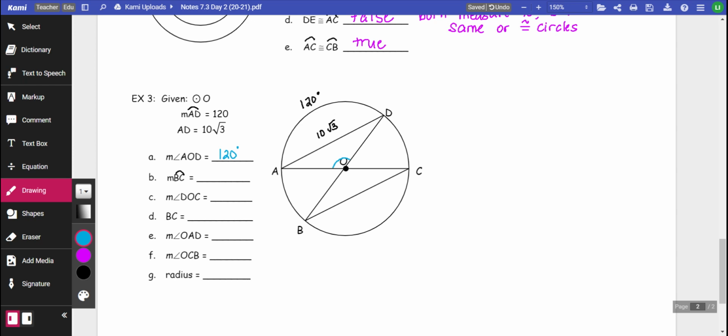Next, I have to find the measure of arc BC. Using vertical angles, angle BOC is 120 degrees. If I have congruent central angles, I have congruent intercepted arcs. So the measure of arc BC is 120 degrees.